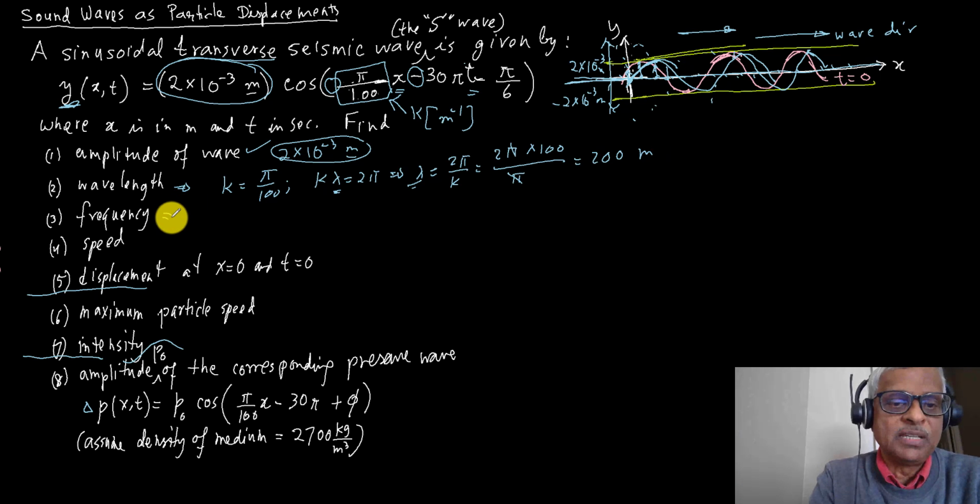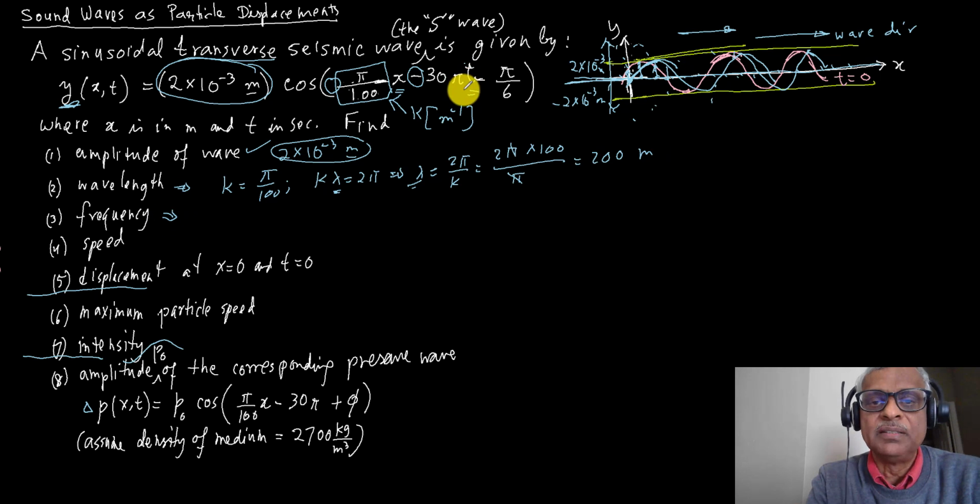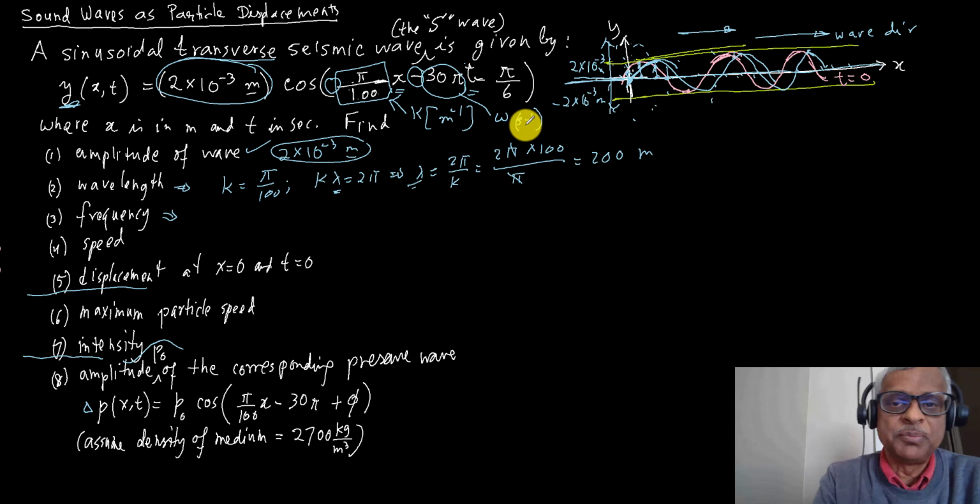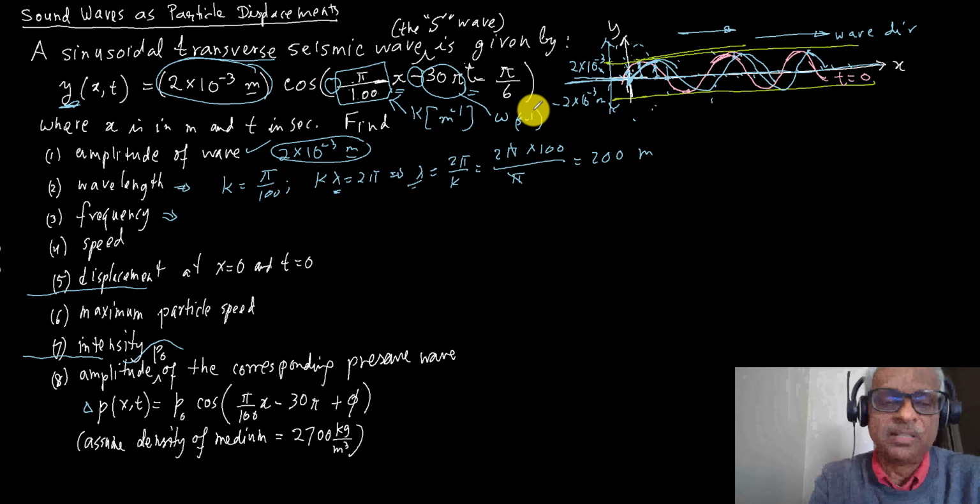However, the frequency: this quantity here is the angular frequency. So this is angular frequency in per second, so that they will cancel out. Sometimes we'll say radian per second, but the dimension is per second.